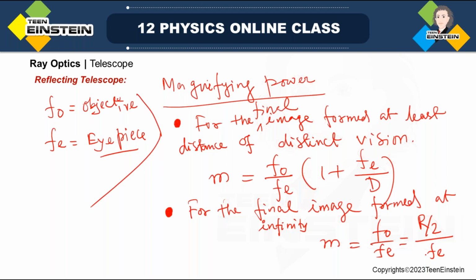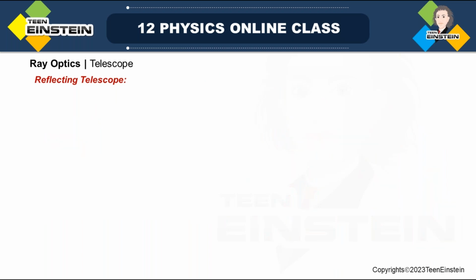Due to the large aperture of the mirror, it has a much better capacity or efficiency to collect light and make the image very bright. So I'll tell you a few advantages here.